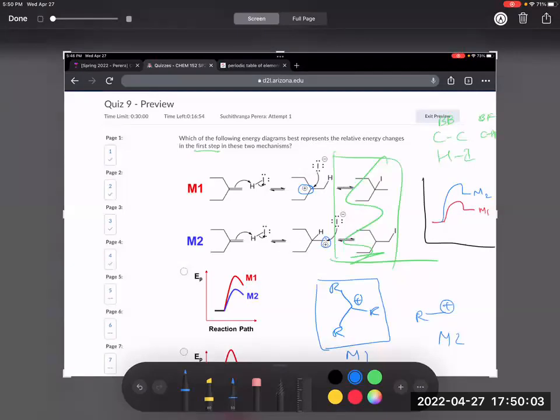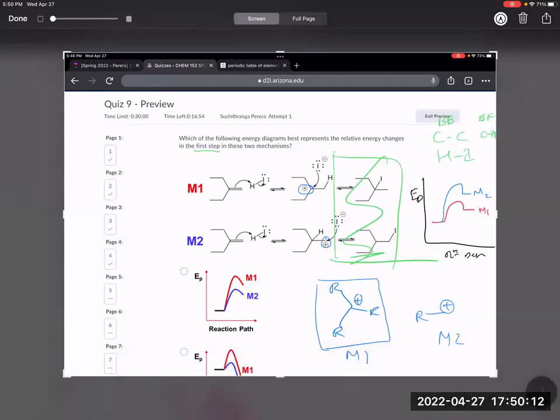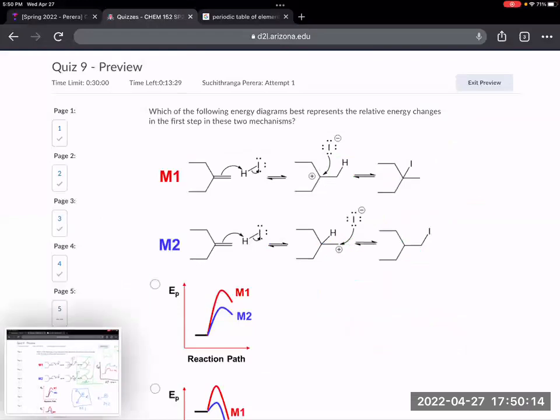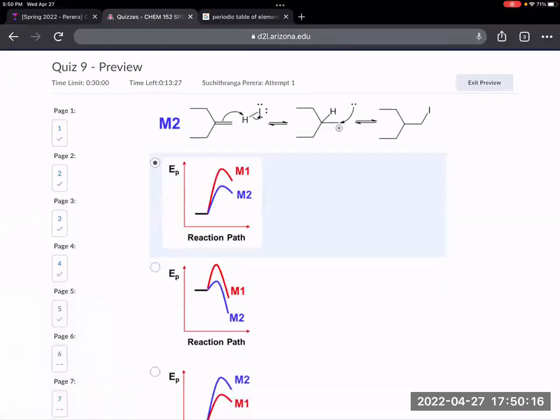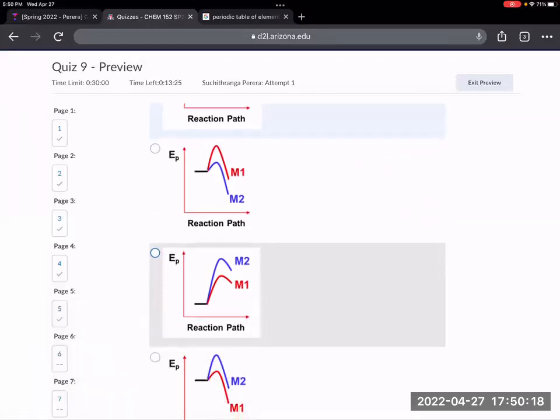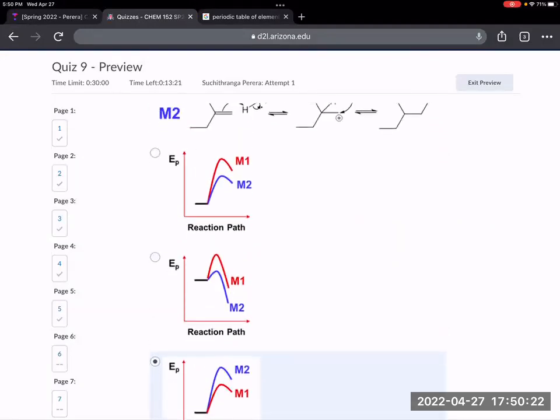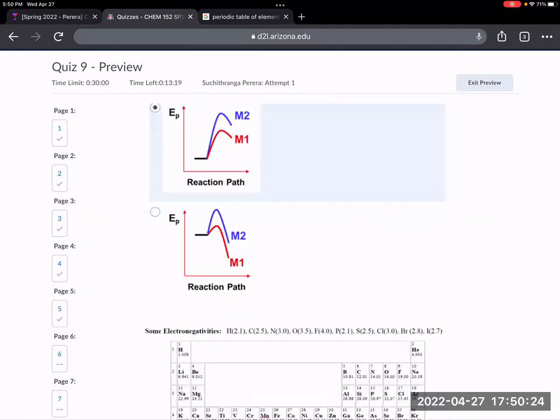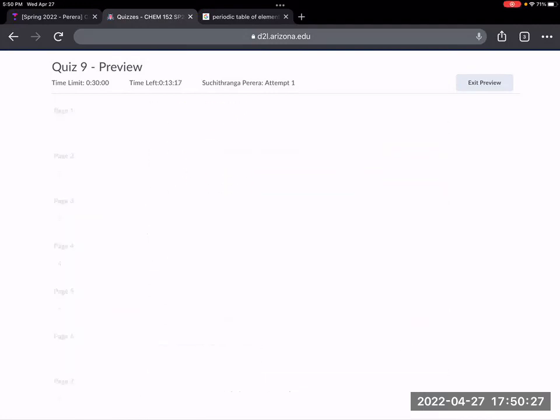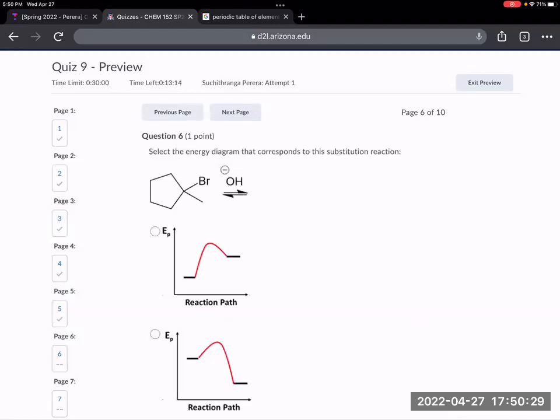So this is what we're looking for in our correct option. Now let's look for that. That answer is not this one, that was a misclick, and it must be option C. This should be our correct answer. Moving on to the next question.